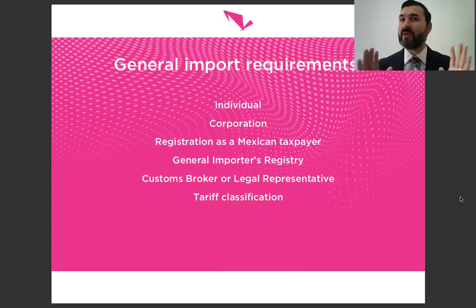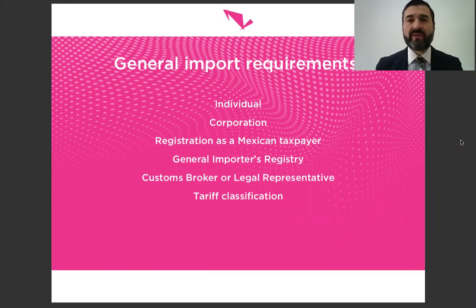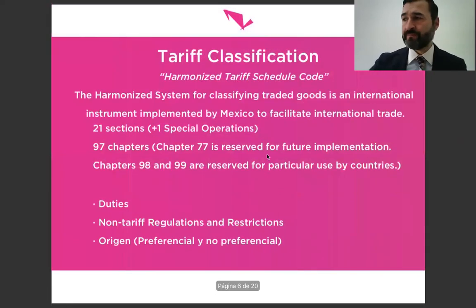Okay, so this is something that we have to bear in mind. We have to play at the same level of requirements, national goods and foreign goods. Okay, if we go to the next slide, please.